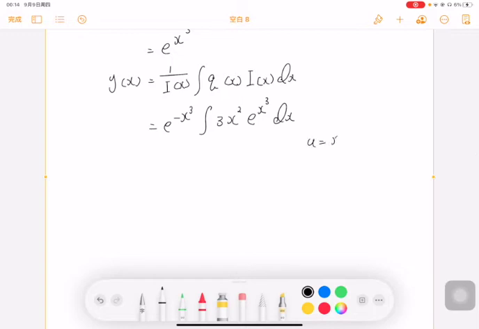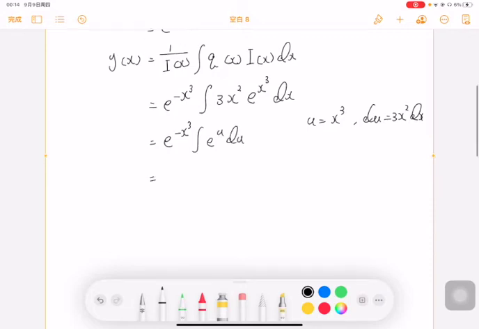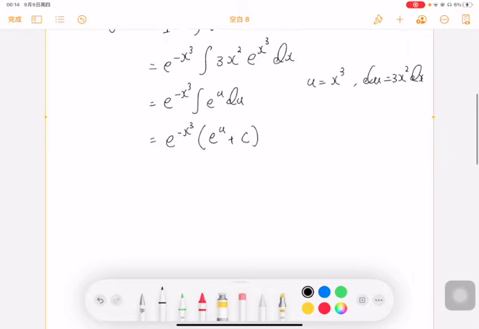U equals x cubed, and then du equals 3x squared dx. So this is just e to the minus x cubed times the integral of e to the u du.